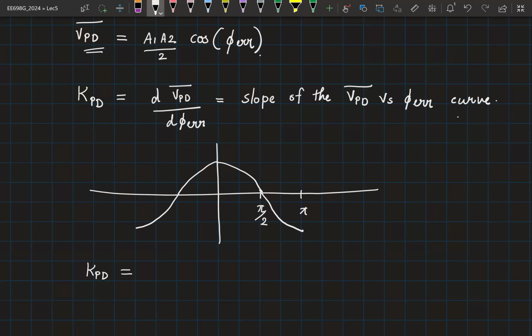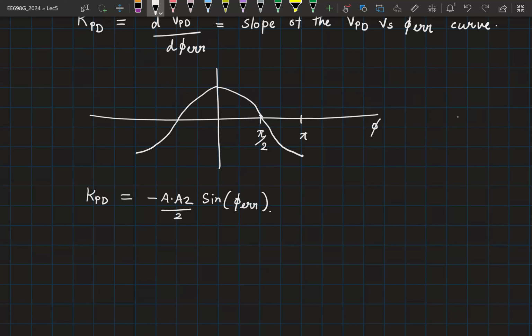What is the exact expression? You have VPD average here. Minus A1 A2 by 2 sine of phi error. Right? So this was phase error here, VPD average here.